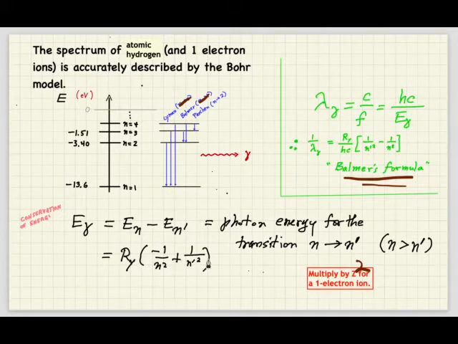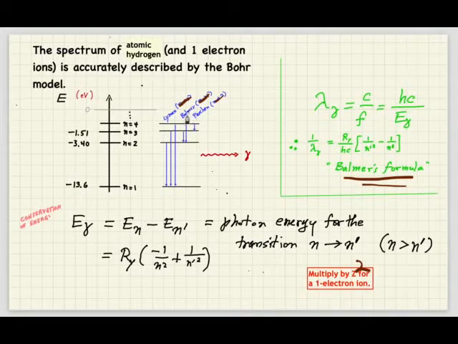We'll have these values for the energy, these values for the wavelength. So that's called the Lyman series. Some of these, I think, are all ultraviolet. So these correspond to ultraviolet wavelengths.